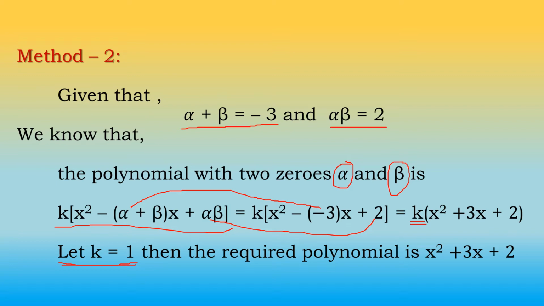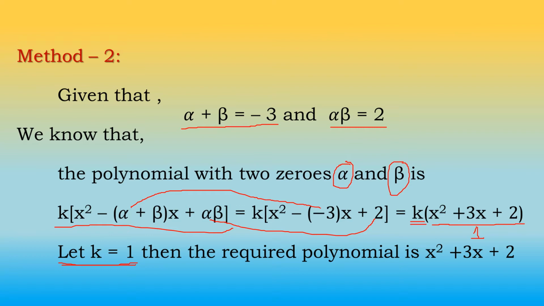The reason for taking the value of k as 1 depends on the denominator of the polynomial. Here the polynomial has the denominator 1: x square plus 3x plus 2 by 1.